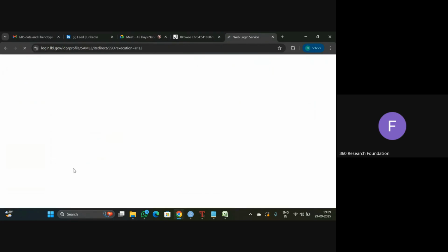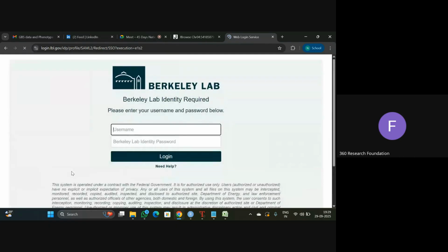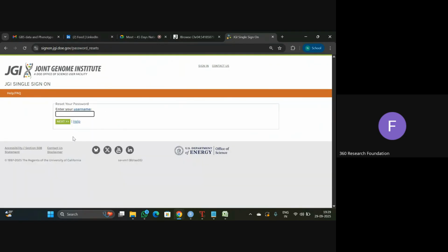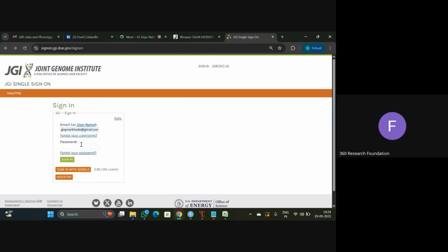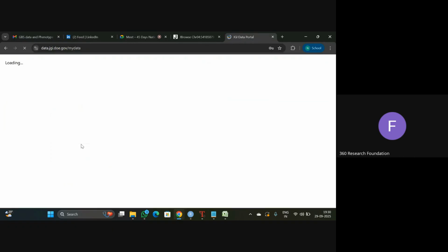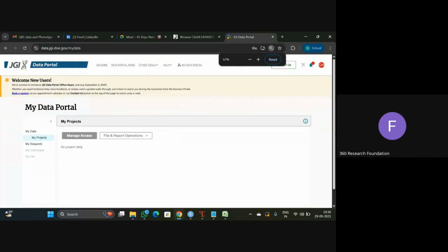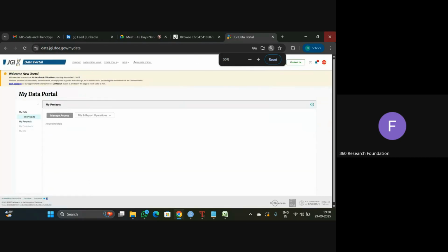Let us see it. After login, a window like this will come.